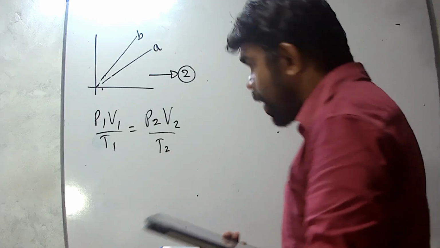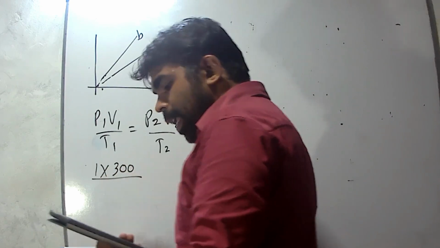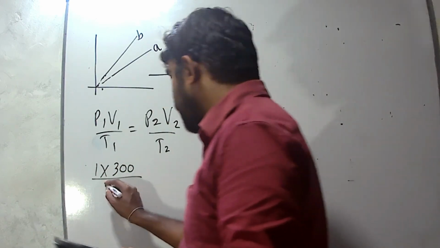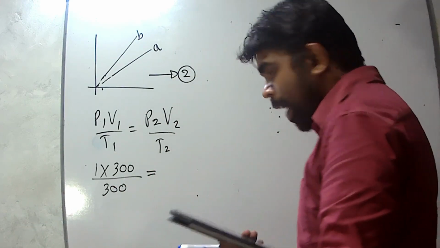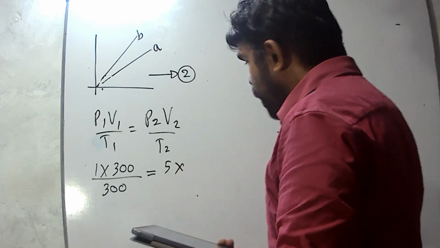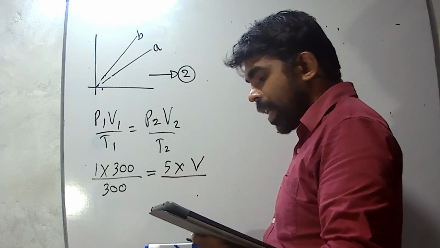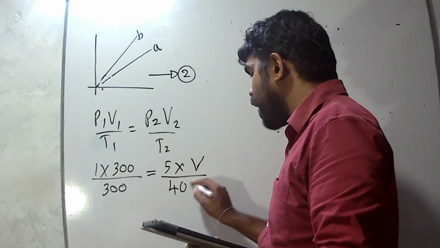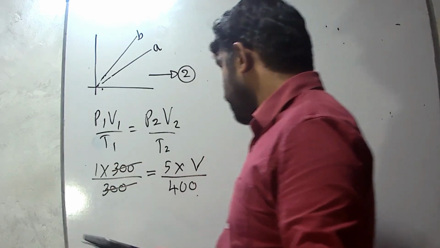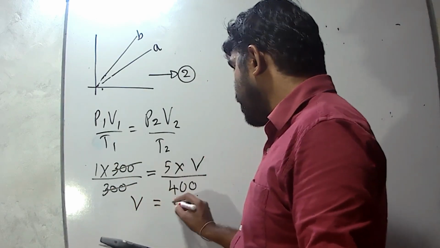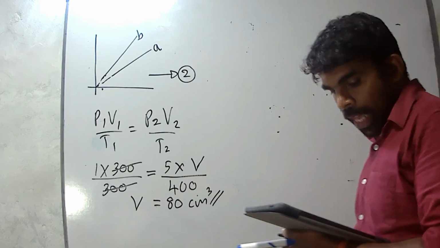Initial pressure 1 atmosphere, volume 300 cubic centimeters, initial temperature 27 degrees, 300 Kelvin, equals final pressure 5 atmospheres, final volume to be found, temperature 127 degrees, which means 400 Kelvin. Then we simplify: volume is 400 divided by 5, 80 cubic centimeters. Then the answer should be 3.